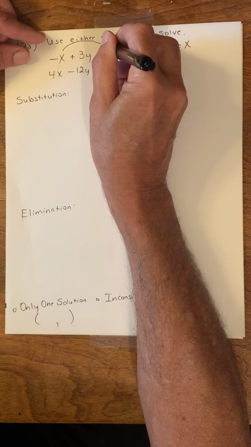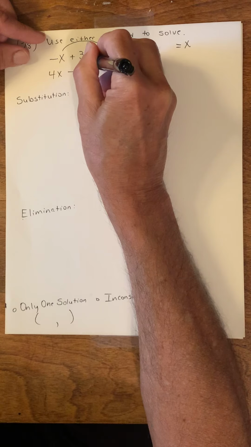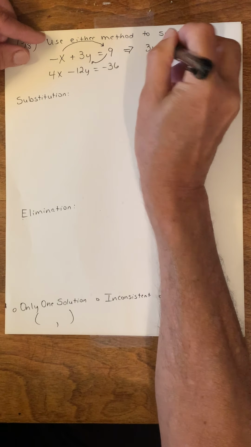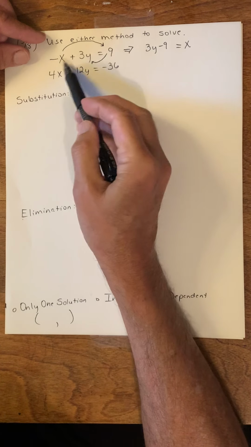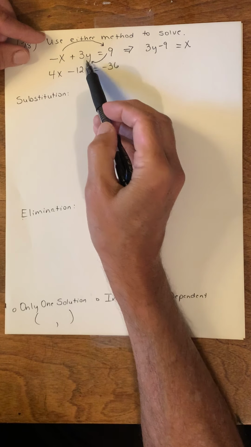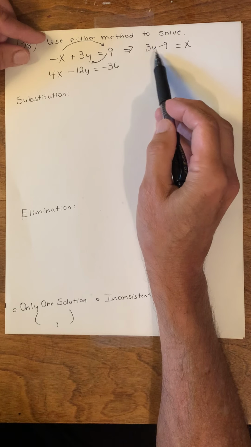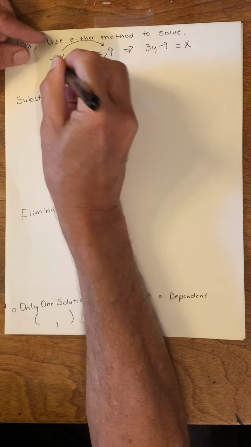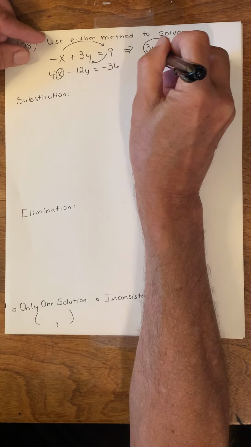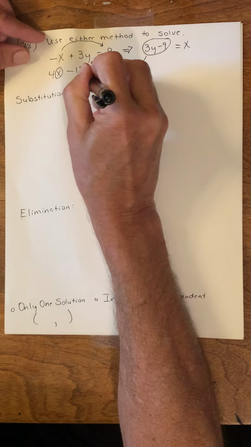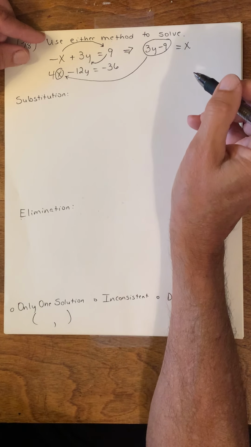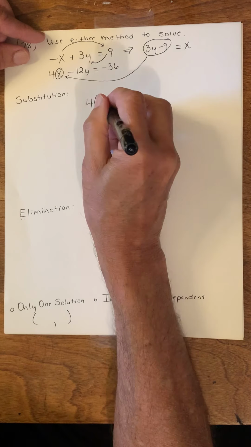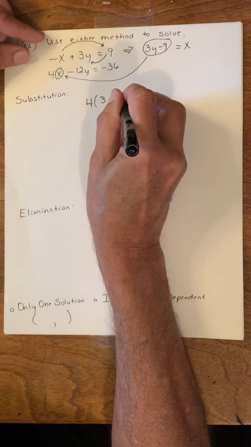I'm going to move the 9 to this side and change its sign. So I get 3y minus 9. So by moving the x and moving the 9, this equation becomes x is 3y minus 9. Then in the other equation, everywhere I have an x, I'm going to put what x is, namely 3y minus 9. So I'm going to have 4 times (3y minus 9).